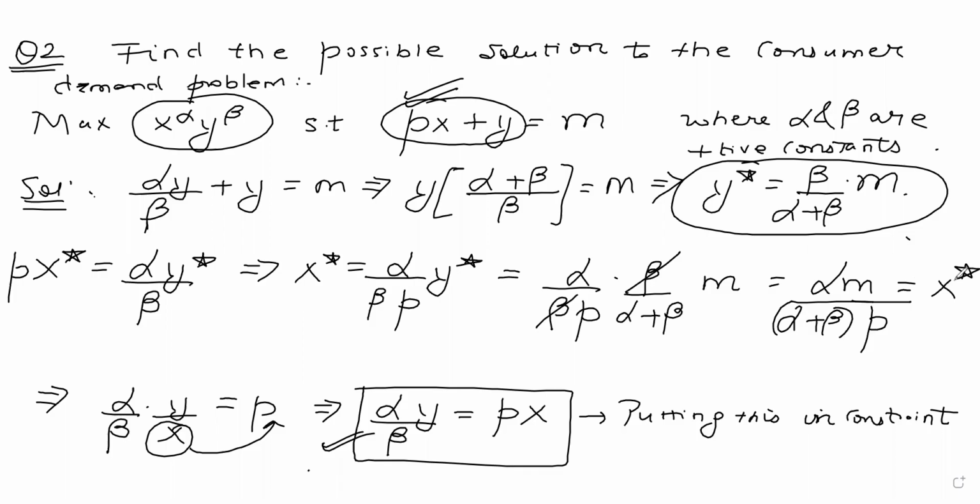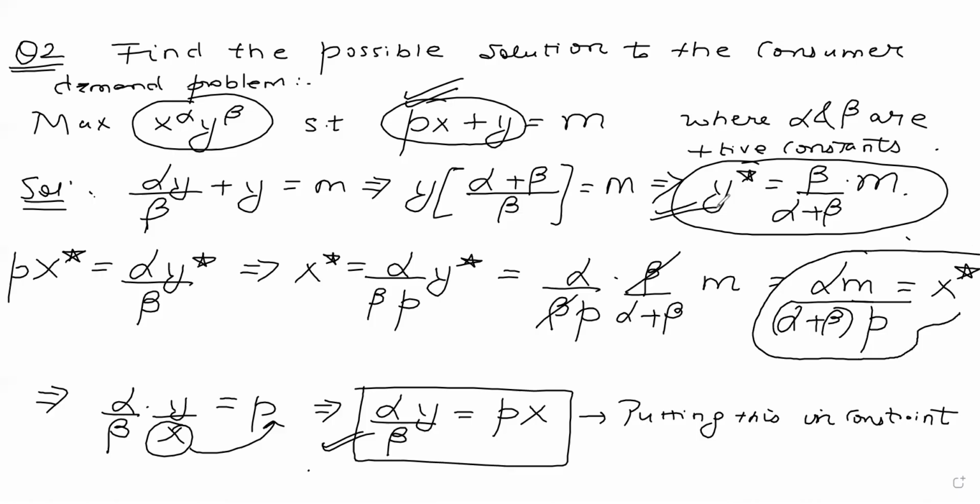Okay, so hoping students have understood this. For this particular problem, you can clearly see my x star and y star are as follows. X star is alpha upon alpha plus beta times m by p, and y star is beta upon alpha plus beta times m.